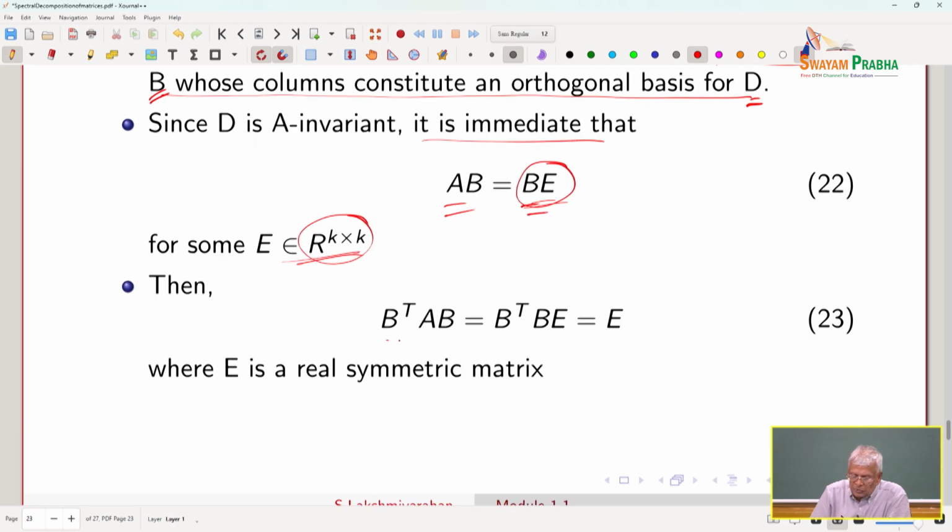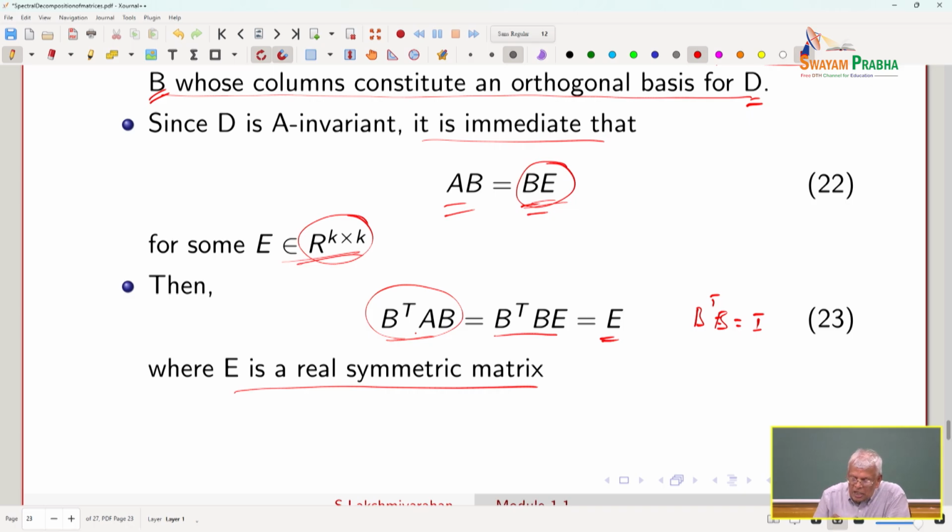Then B transpose AB is equal to B transpose BE, but the columns of B are orthogonal, so B transpose B must be equal to identity, so that must be equal to E. So here I give you a recipe for computing E. That means if B is the basis for the A invariant subspace D, then AB is equal to BE, where E is simply B transpose AB.